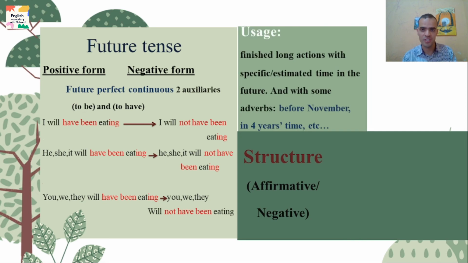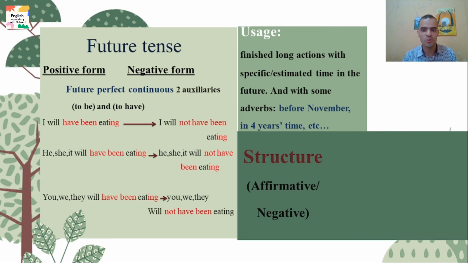Now let's move on to the usage. The usage is the same. We use the future perfect continuous with finished long actions. Because we're talking about continuous, it's a long action. We use it with finished long actions with a specific or estimated time in the future. So it's a long action that will happen in the future, and we know that it will be finished. It looks very complicated, but it's very simple.